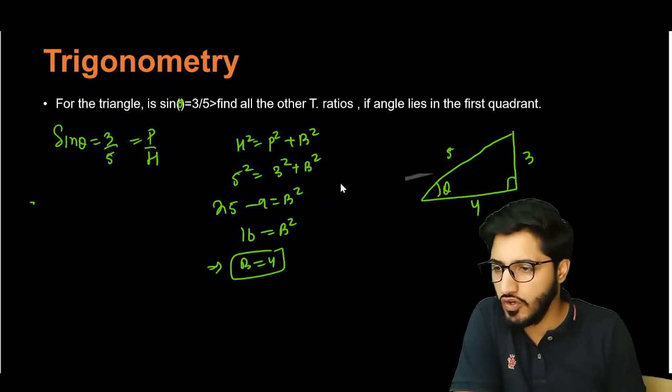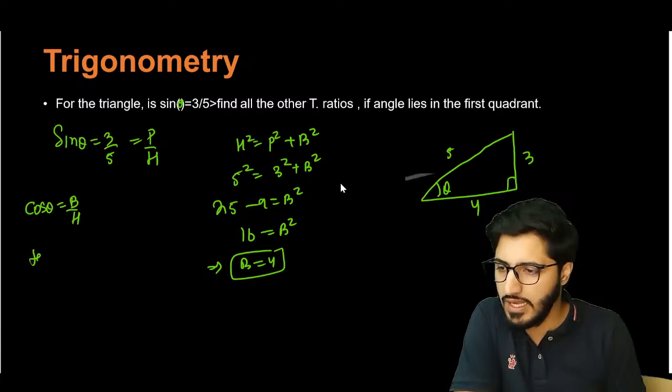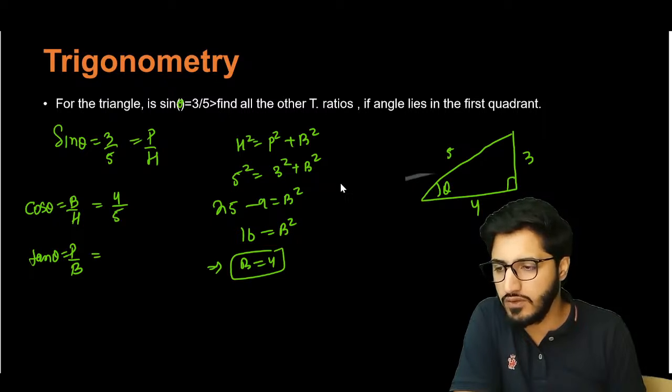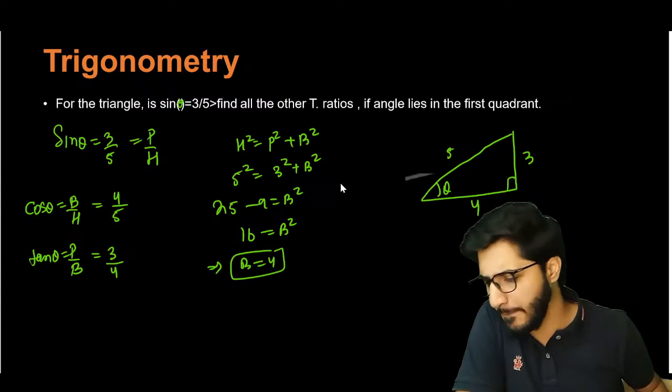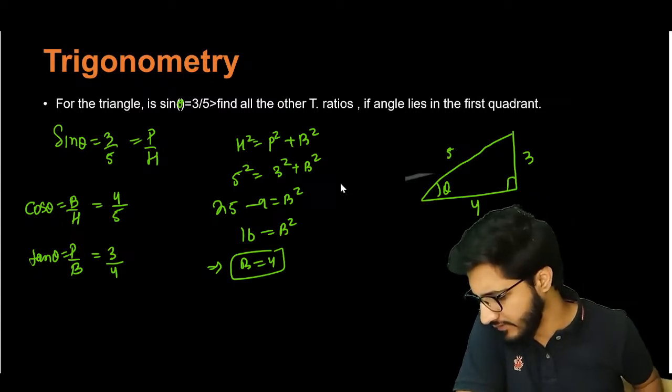So we are having cos theta, tan theta. This base is 4 and hypotenuse is 5. It is 4 by 5. Tan theta is P, perpendicular by base, 3 by 4. So you can get the numericals done like this. Okay, very easy. It's very easy, huh?